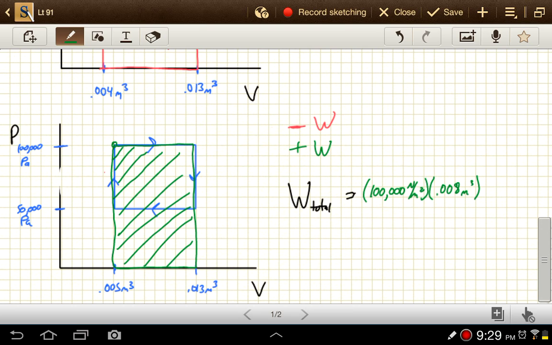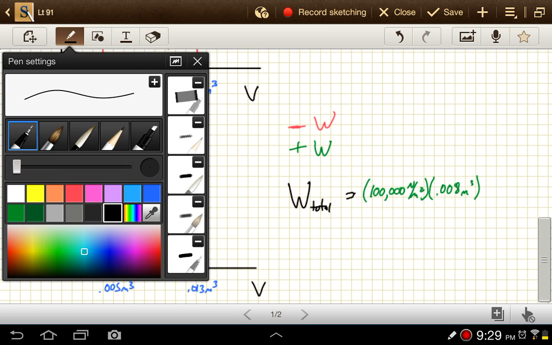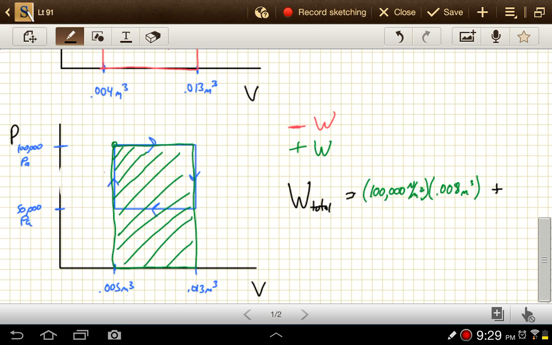Okay, and then plus, for this section, our volume isn't changing at all. If we tried to do the area underneath this, it's a rectangle with a width of 0, so there's no area there.